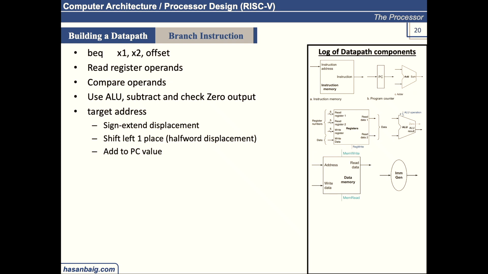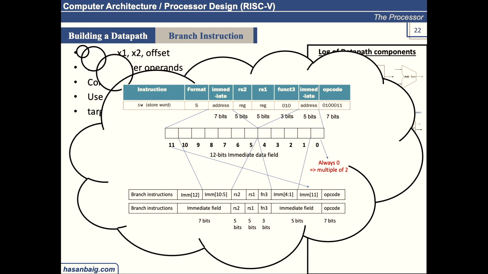What else do you see in this? AND gate? Yeah, AND gate will be there, but what happens to the 12-bit data in the case of branch instructions? So let me recall here, it's a typical format in branch instruction where the placement of bits is a little bit different than the other formats.